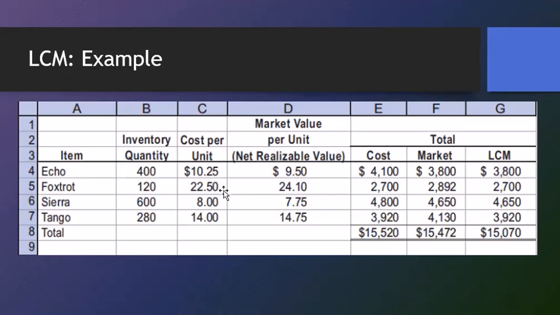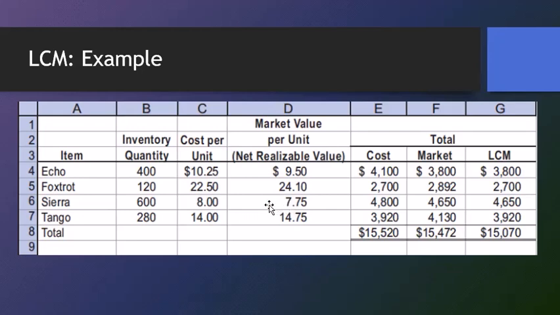Okay, Foxtrot, we paid $22.50. It's now worth $24.10. I can tell you right now we don't have any issues. Okay, cost is $2,700. The market value is more than that, meaning we report it at cost, just like we normally would. Sierra, we paid $8. It's now worth $7.75.